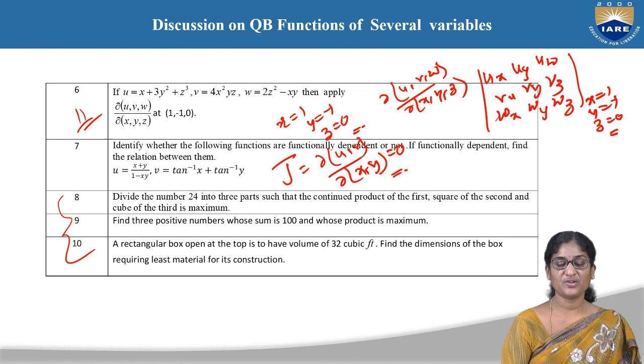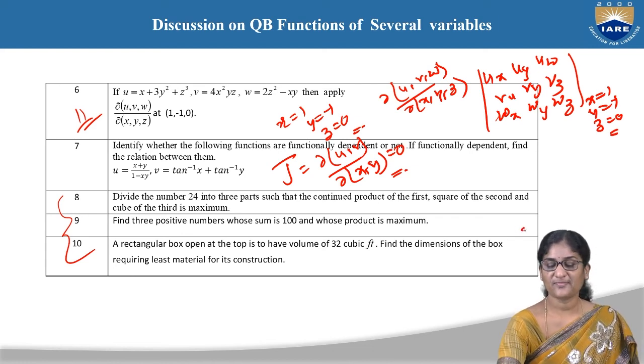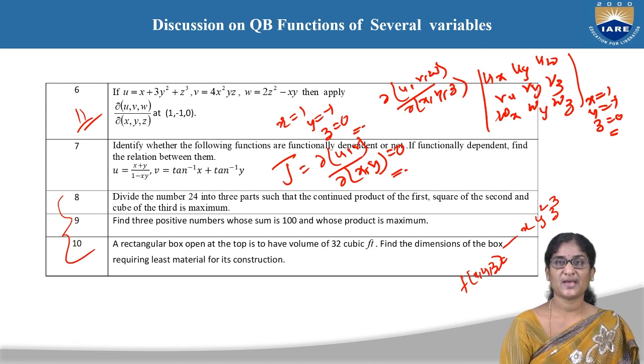So we have to divide 24 into 3 parts such that the product of the first and square of the second and cube of the third is maximum. This is the function that you need to assume and apply Lagrange's method of undetermined multipliers. That's the best method to find out the maxima and minima.